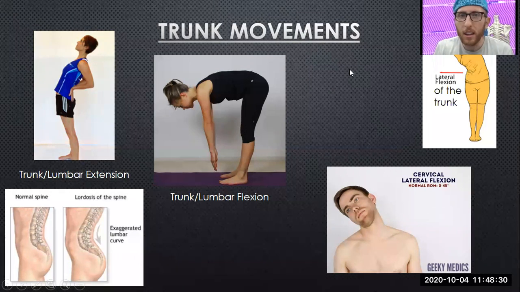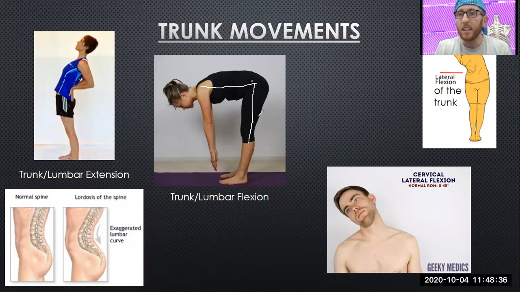And really what you're looking at here, if I drew a line through this person's hip and down, it's a lot less of an angle than trunk extension, which would be like leaning back. Go ahead and lean back in your chair or wherever you're at. Lean back, and that would be trunk extension.